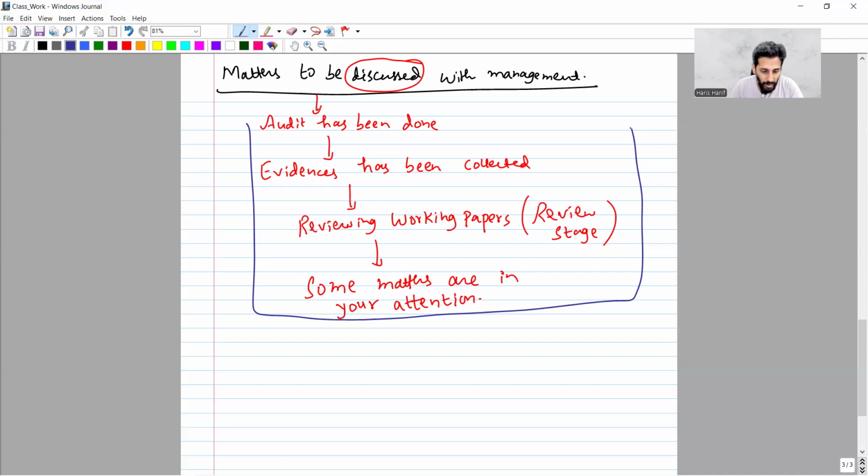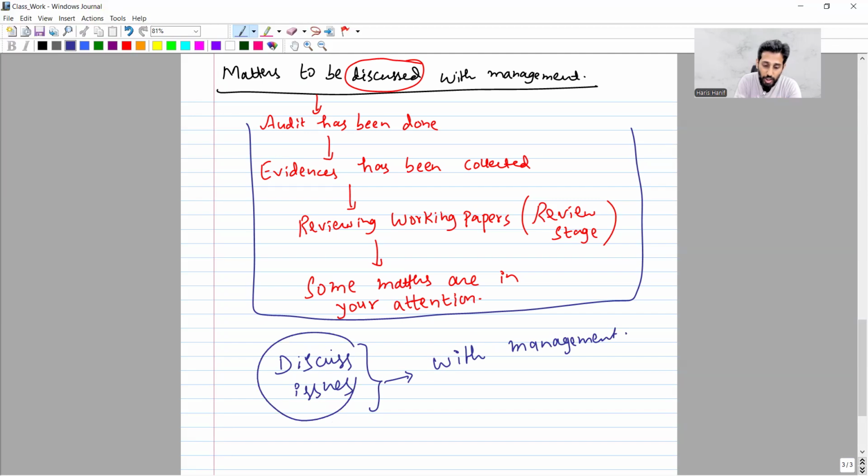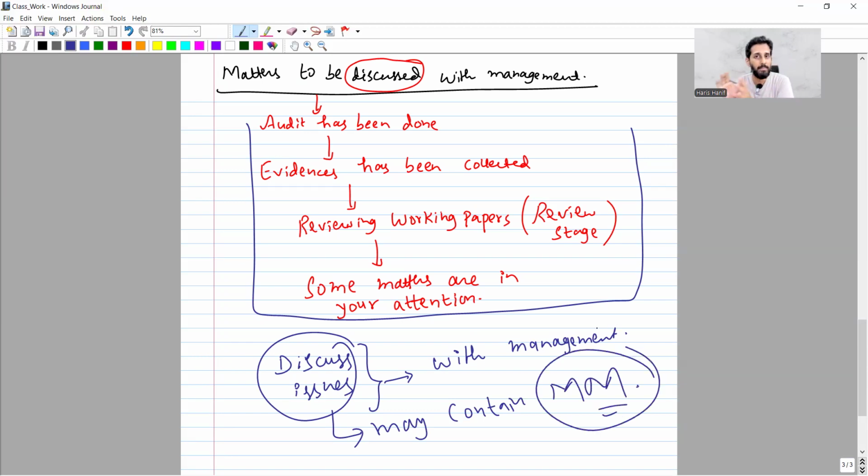So the point is that you need to discuss some issues with the management. Now, the important point is that the issues may contain material misstatement.